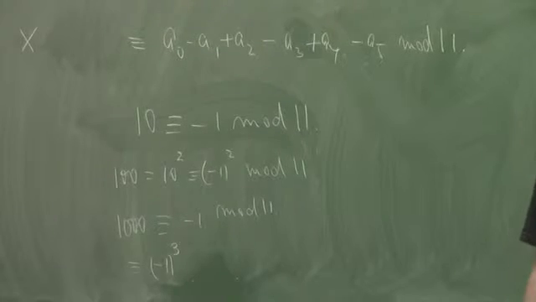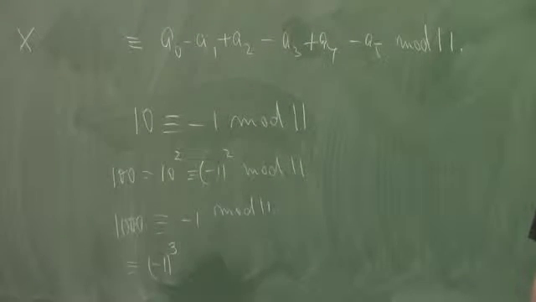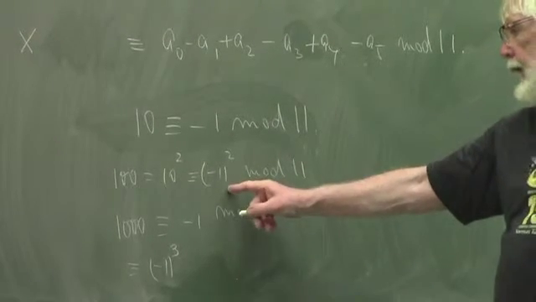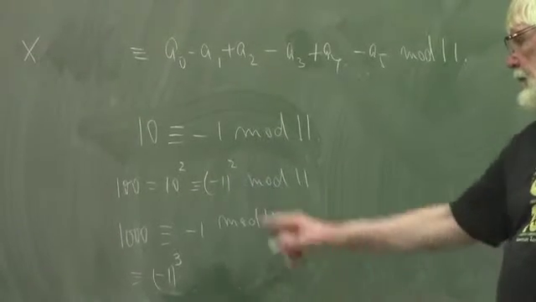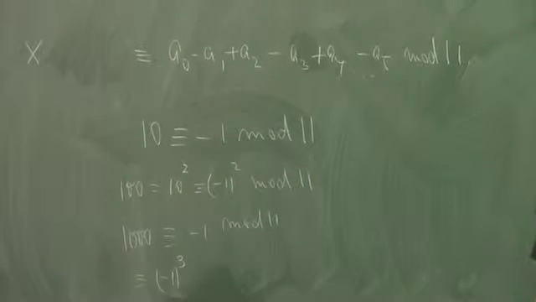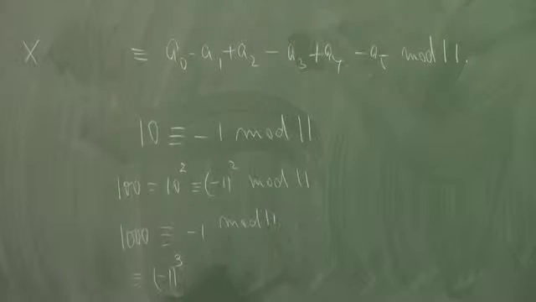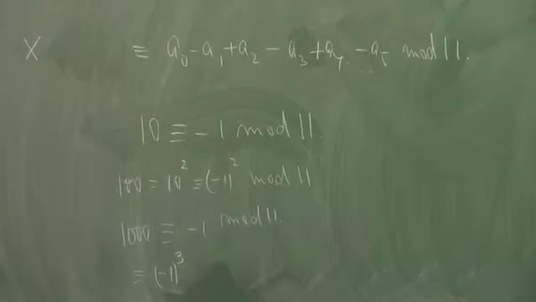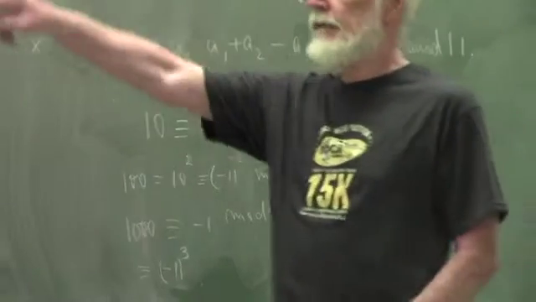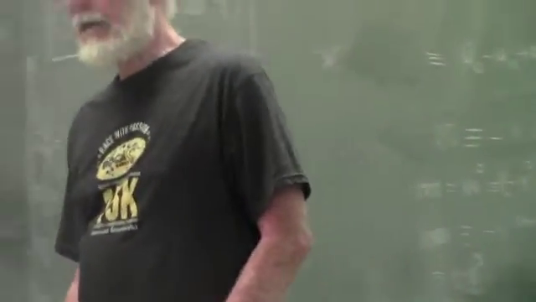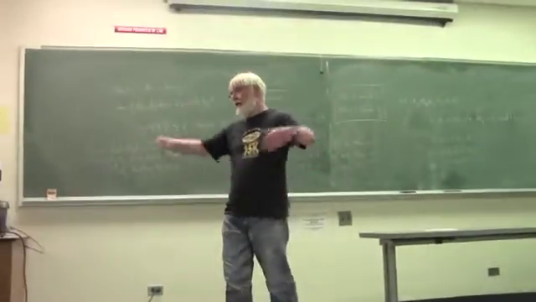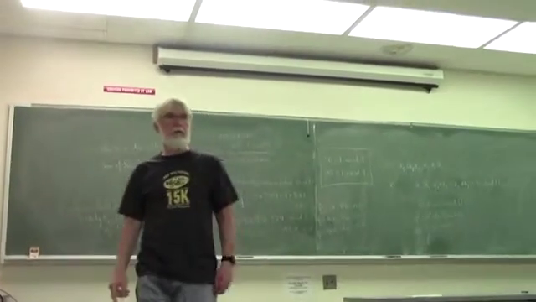Okay, and for the even powers, you need a plus, right? 100 is 1 modulo 11. 10,000 would be 1. And this principle was just that you don't need the whole number, you just reduce the remainder.